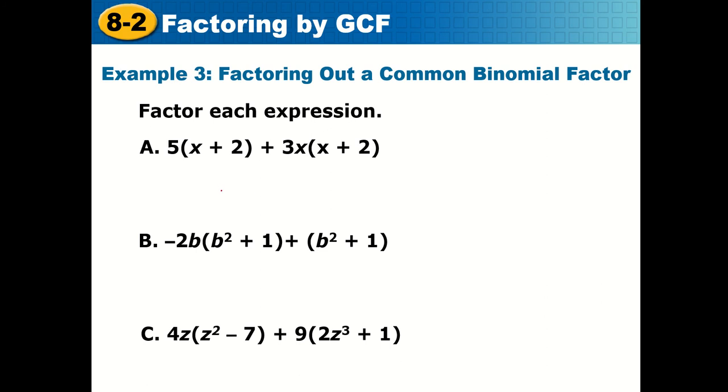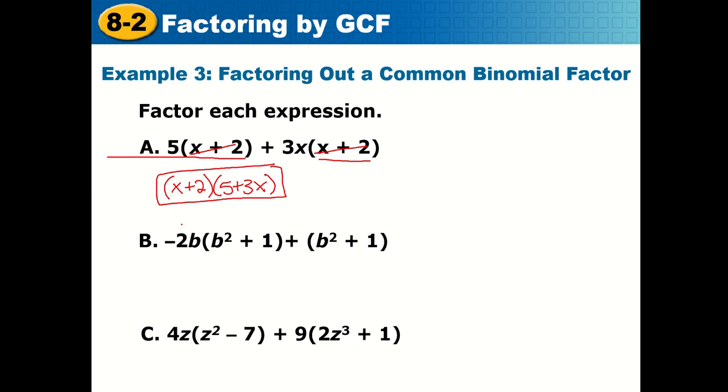Right here we have essentially one term and another term. There's an x plus 2 in this term and an x plus 2 in that term. So I am going to factor out the x plus 2. When I factor out x plus 2, what am I left with? I'm left with 5 plus 3x. That right there is your answer. That's it.